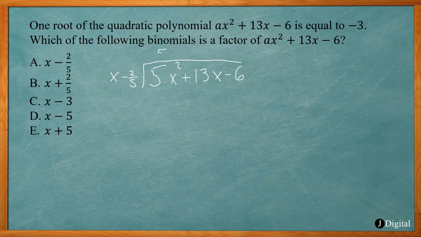So we're going to need a 5x here. So 5x times x gives you 5x squared. And 5x times the negative 2/5 gives you negative 2x.